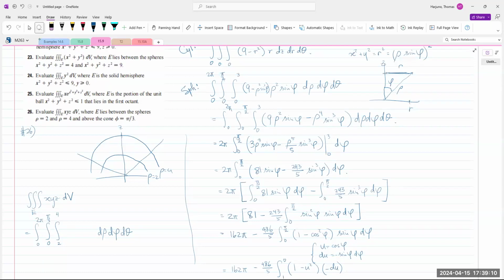And then we have, of course, rho squared sine phi, right? But don't forget the xyz here. The xyz here will need to be expressed also, right? Where x is rho sine phi cosine theta. The y will be rho sine. I need to move this a bit further.